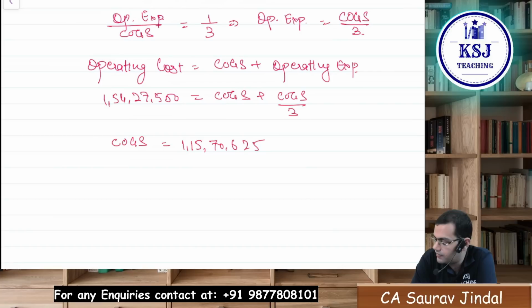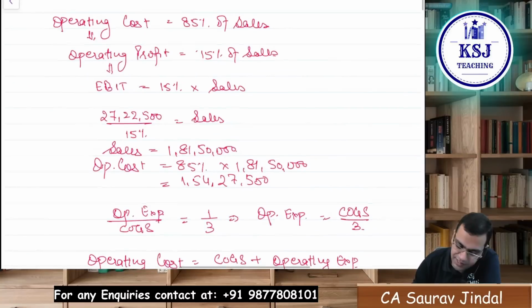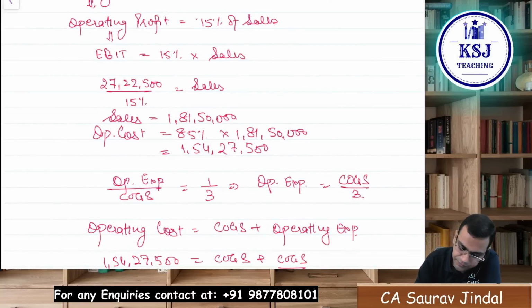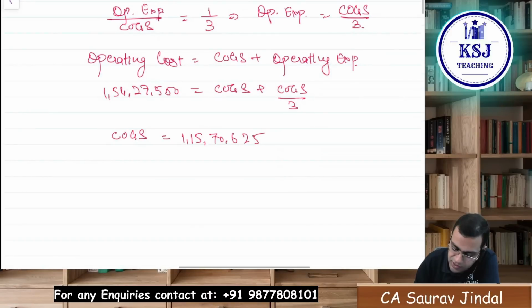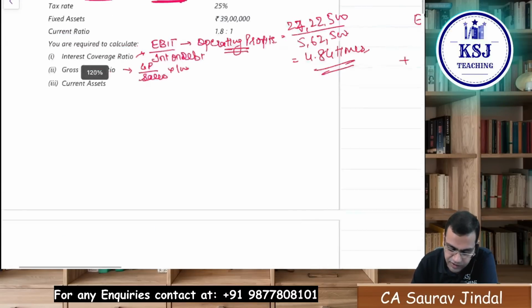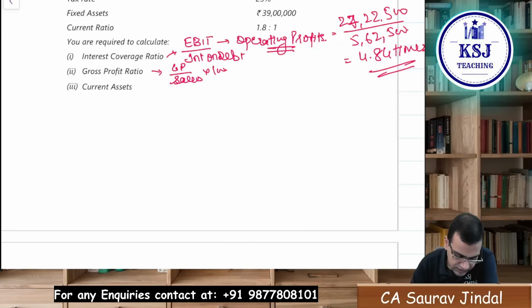Yes, 1 crore 15 lakh 70,625. This is COGS. Now you have the sales value. We have COGS here. So we can calculate gross profit and we can calculate the gross profit ratio. Now this you can do it on your own, sir.